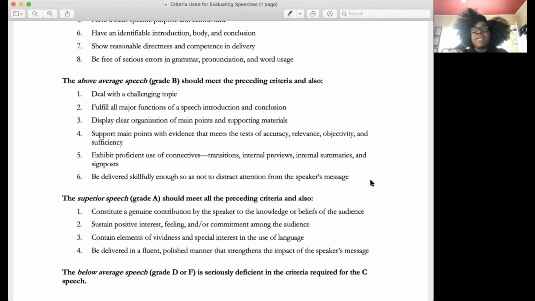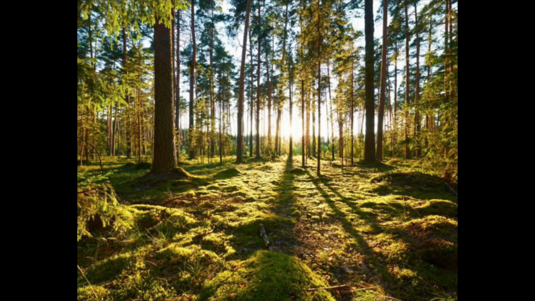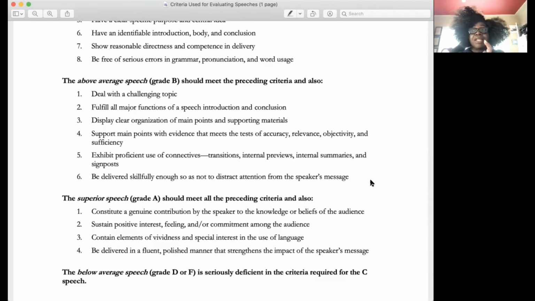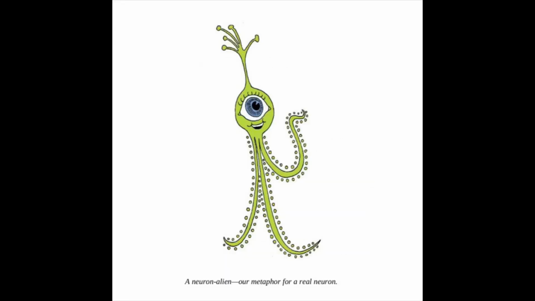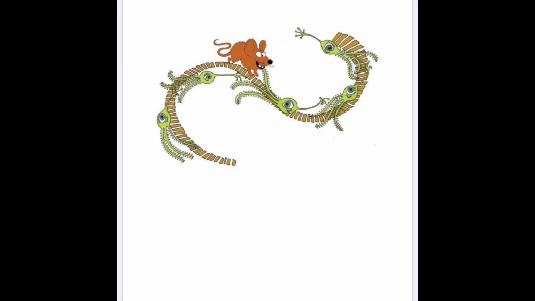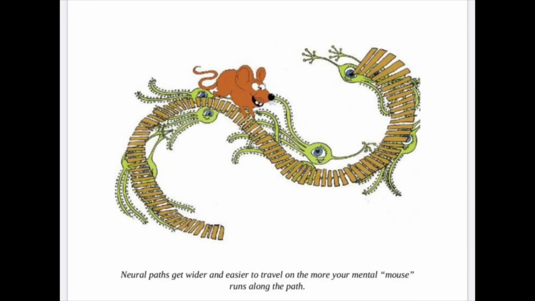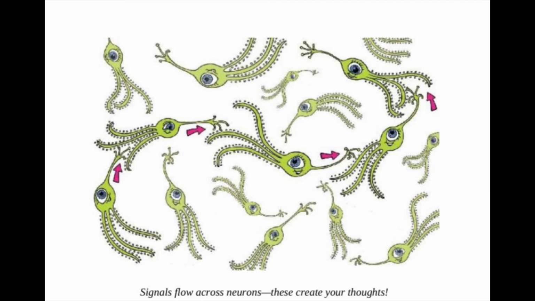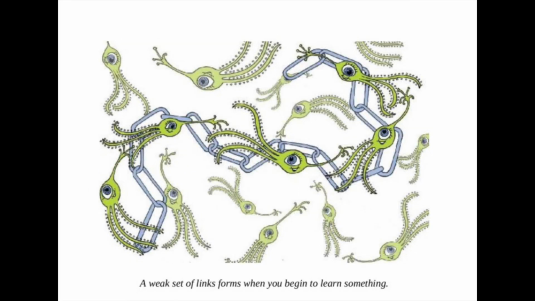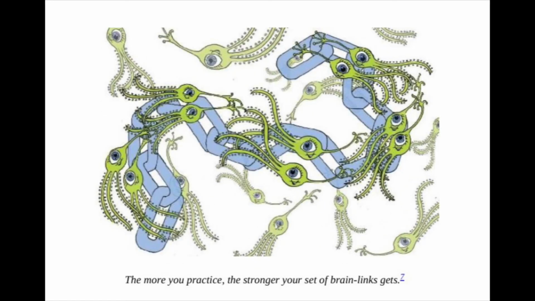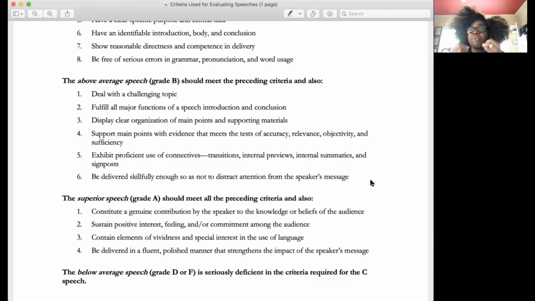So think of your brain as being a forest. It's bushy, okay? But when you learn something new, the neurons begin to make a pathway in your brain. And the more you learn and the more you understand the subject, the deeper the pathway becomes and the stronger the connections are. So when you know about a subject, you have a pathway in your brain already.